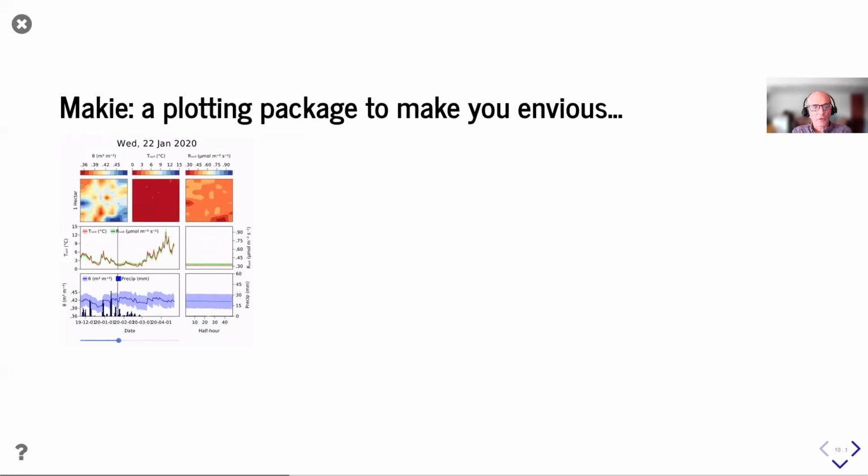Another place where the fresh design of Julia, I think, is a huge win is in plotting. Julia has a wonderful plotting package called Makie, and it is capable of producing some amazing interactive plots very elegantly and easily. This just shows a couple of GIFs that I took off of the Makie website.